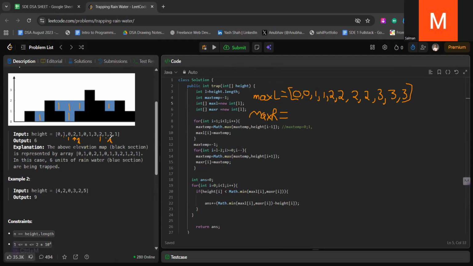And I kept updating the ith element of this max R array with the maximum of this temporary and the ith element of the height array, right?